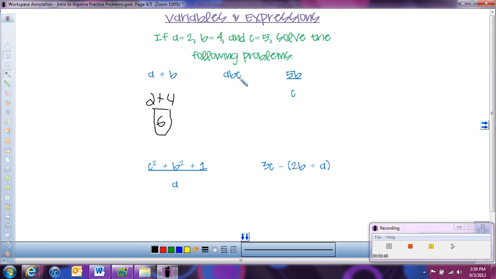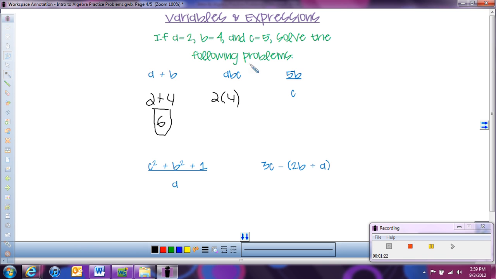We can look at this next one. It just says ABC. Remember, if we have letters right next to each other or a letter and a number next to each other, that operation is multiplying. So I'm going to be multiplying those three numbers together. So A, remember, was 2. And then I'm going to use parentheses to help us remember that is multiplication, because parentheses stand for multiplying. B is 4.